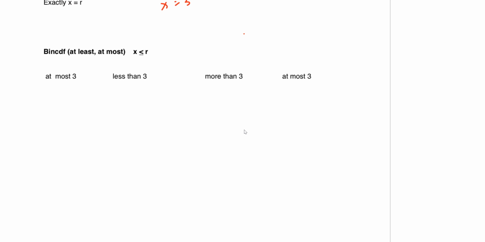Now binomial CDF, this is a little more complicated because it only works at a specific time. It only works when they want at least or at most. But when I say a specific time, it only works for less than equal to. That's it. If you have greater than equal to or anything else, you got to change it until you get to here. Has to be less than equal to.